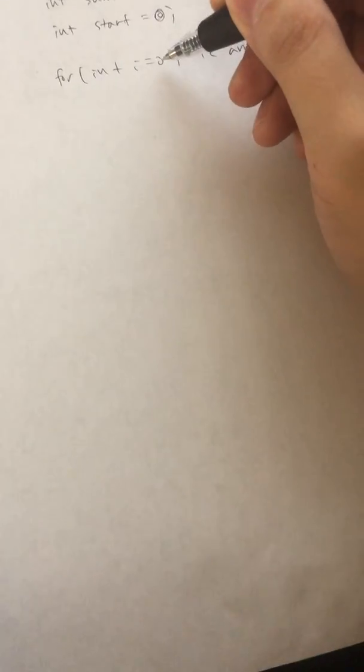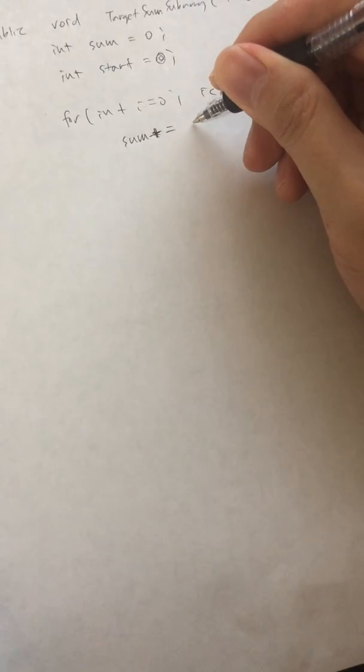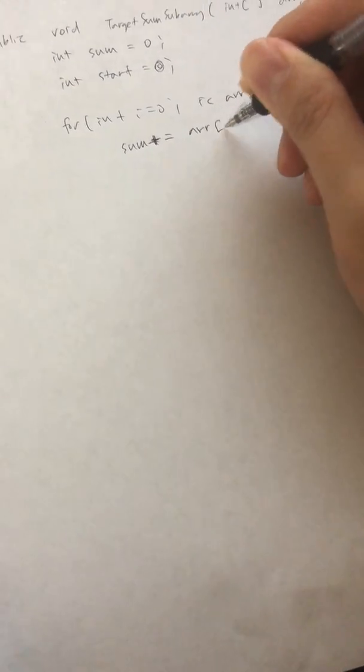So when I'm iterating, I'm going to add all the sums up so far from start index, which is 0, to the end index, which is also 0. So I'm looking at the subarray which is just at index 0. I'm going to add sum plus arr[i].